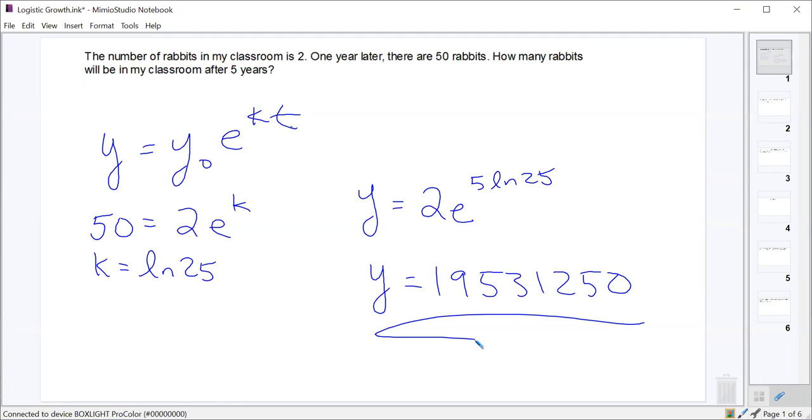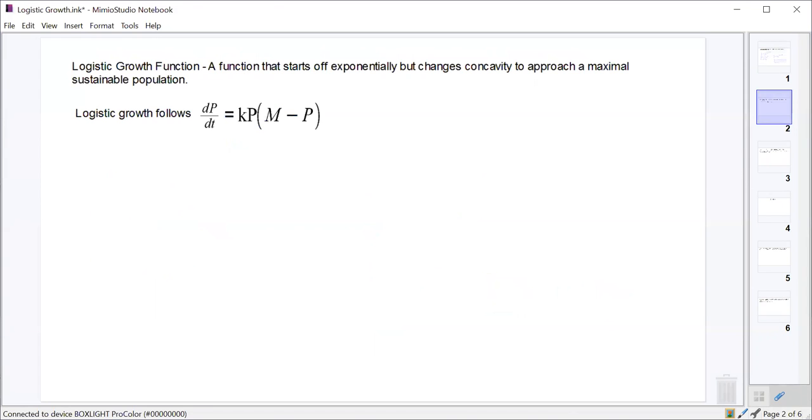So in the real world, generally, a population will increase according to what we call a logistic growth function. And a logistic growth equation, rather than our exponential, right? Our exponential was dy/dt equals k times y.